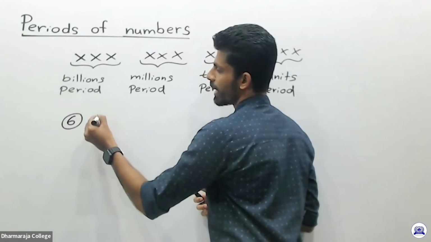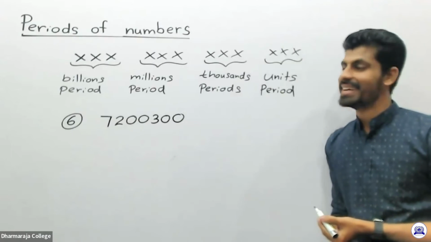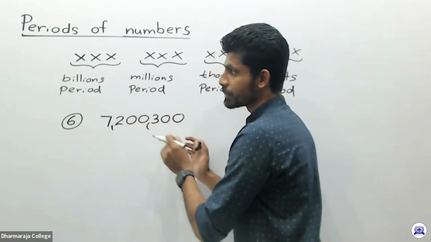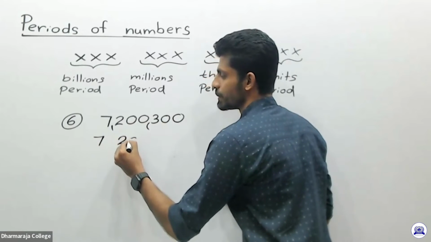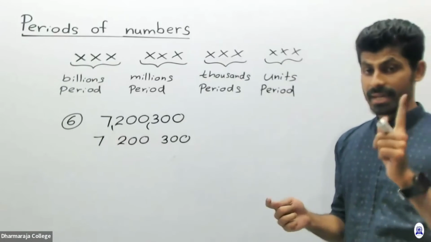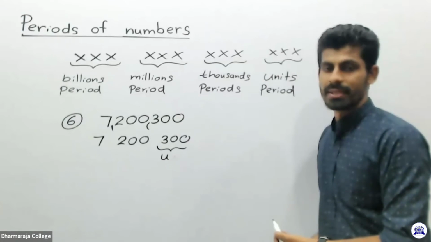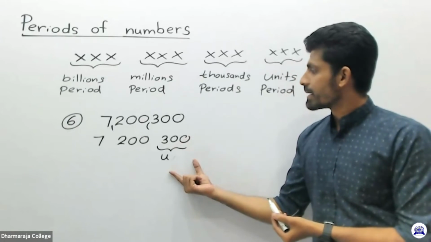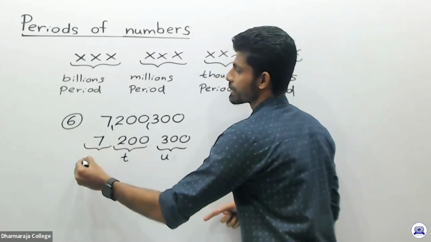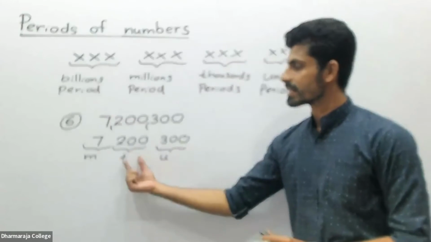Look at this one: 7,200,300. Separate numbers into the periods, 1, 2, 3, comma. 300 means units. 200 means thousands. 7 means millions. Units, thousands, millions.